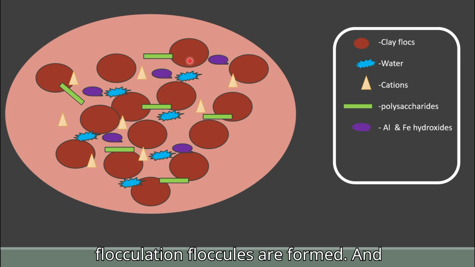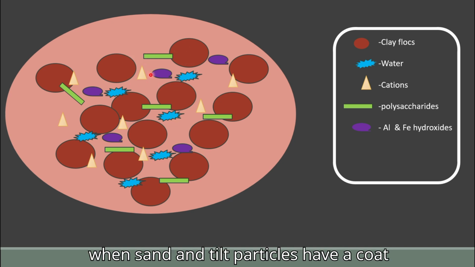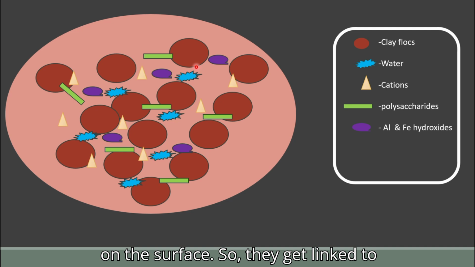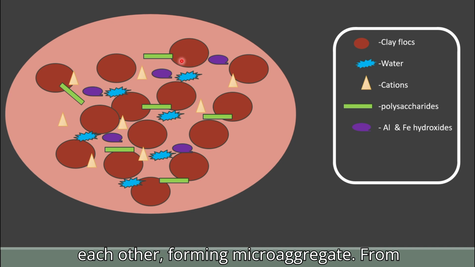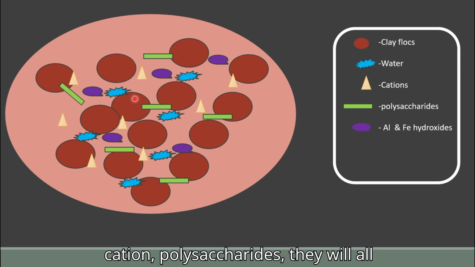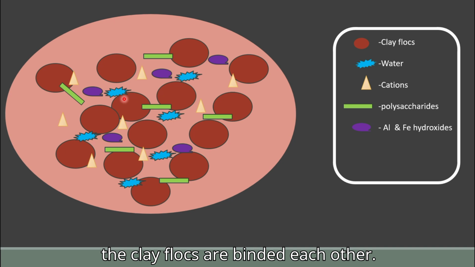When sand and silt particles have a coat of this clay, they will be bound together on their surface. They get linked to each other, forming microaggregate. In the microaggregate, by means of water, cations, and polysaccharides, all the clay flocs are bound to each other.